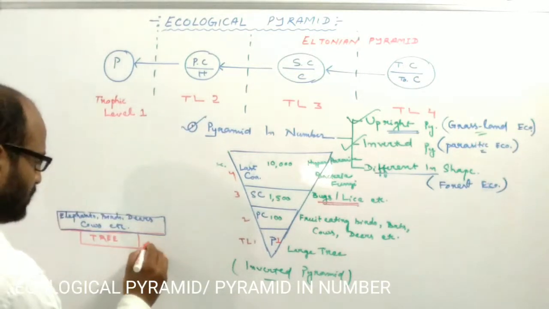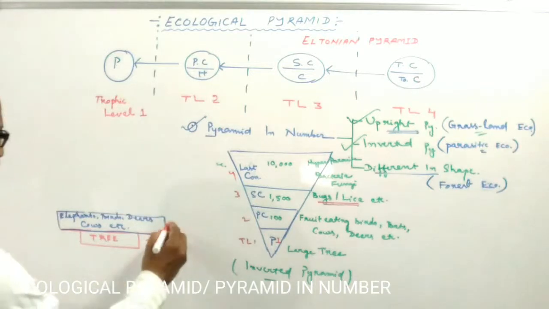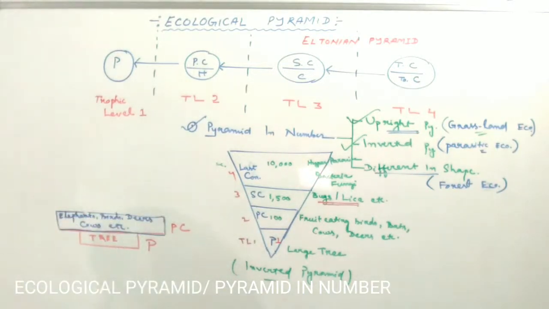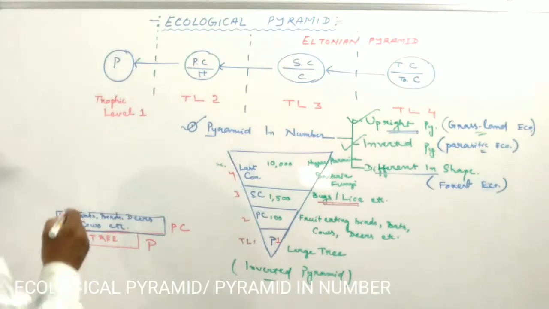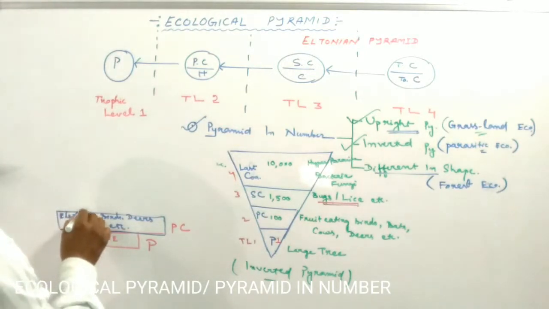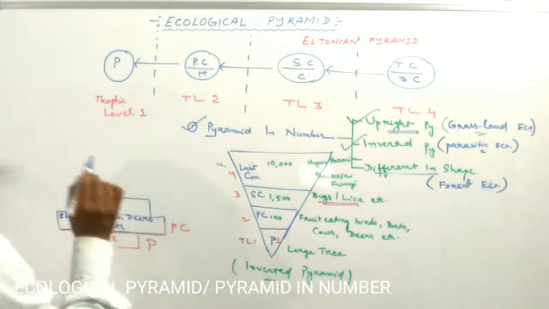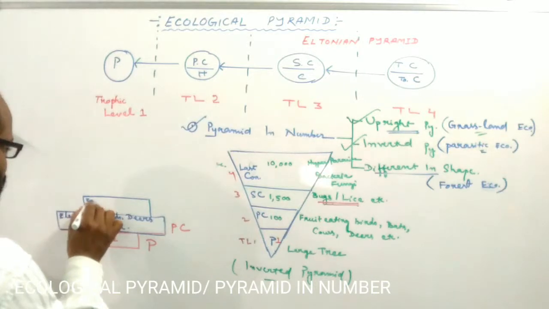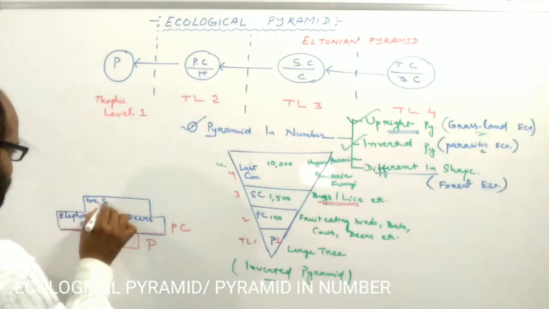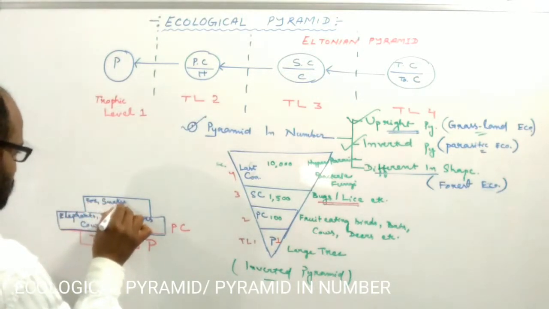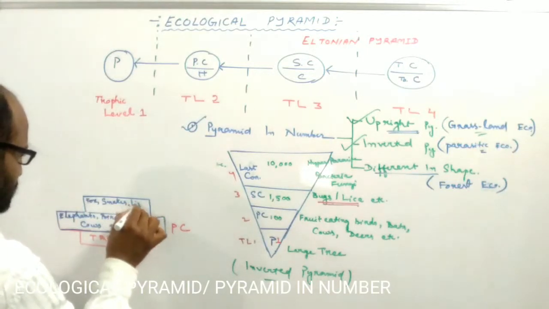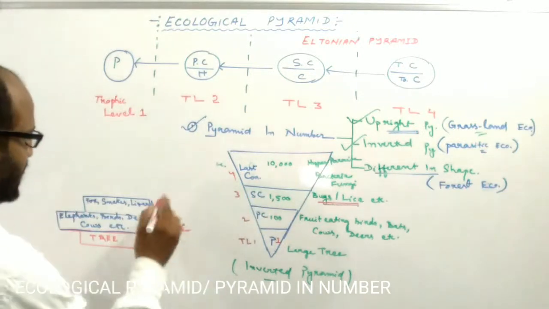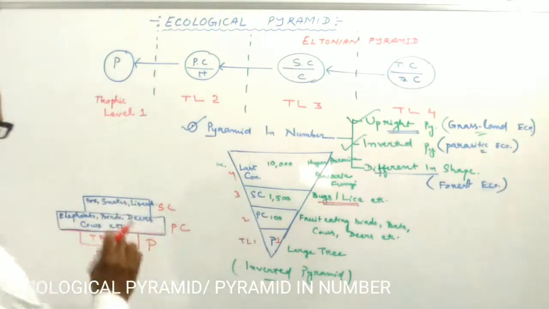So the trees form the producers which support the primary consumers, and these primary consumers support a very small number of foxes, snakes, lizards. The number of secondary consumers here is less.